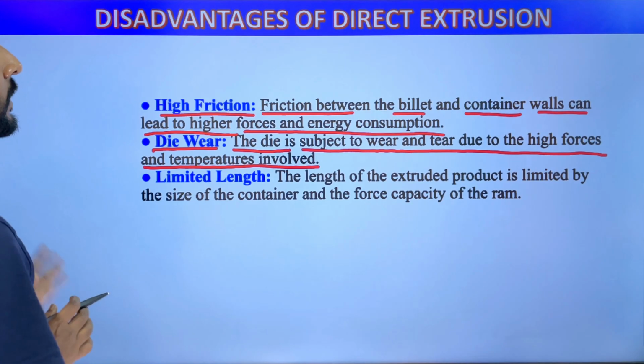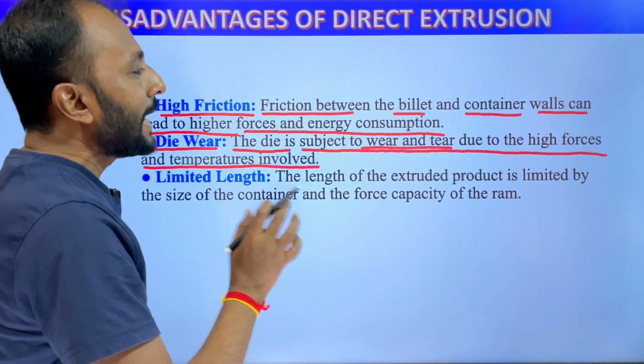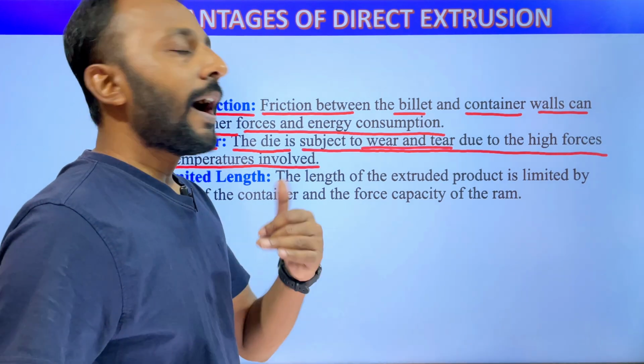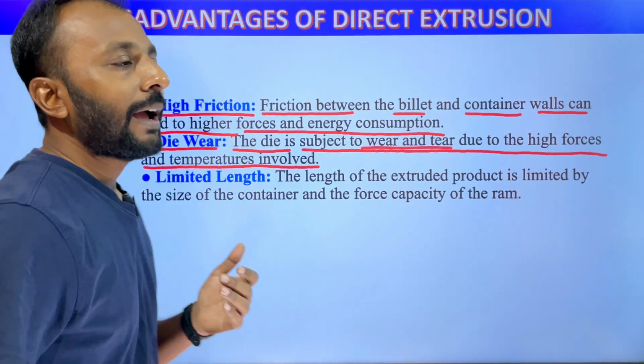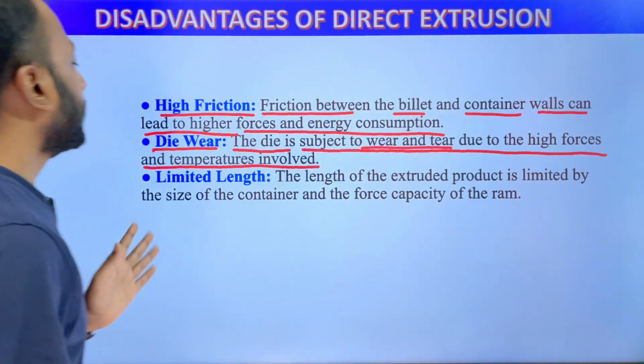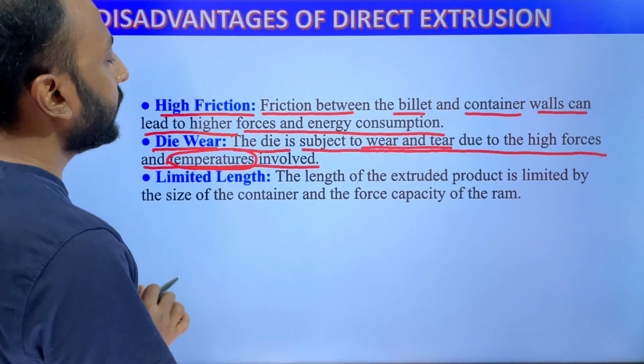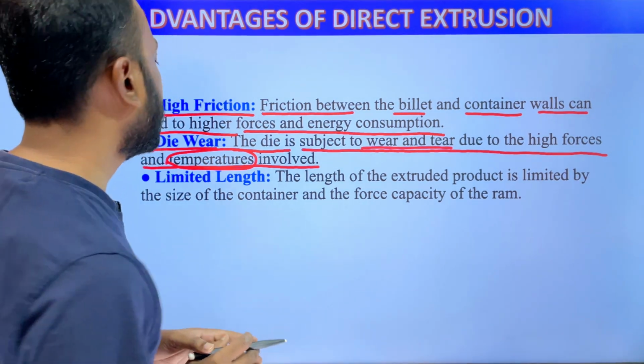So here the wear and tear of the die is happening due to the high forces of the friction, and when we are doing hot direct extrusion process, then the temperature is creating little wear and tear of the die.